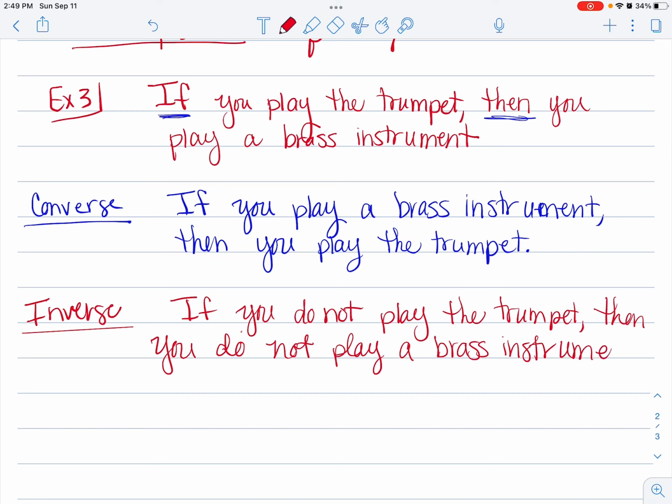So notice the if and then part stayed where they were. I just added the words you do not. I negated those two statements. Remember, that was a negation.